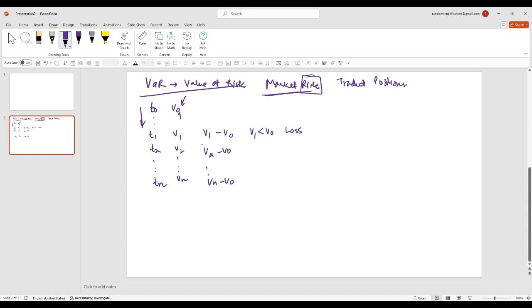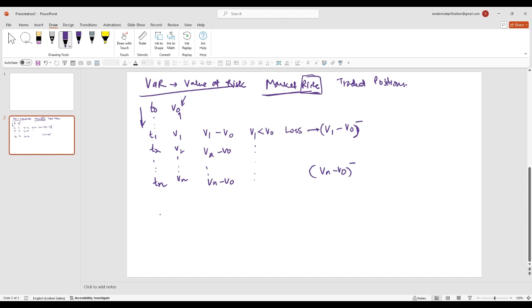And this is reflected sometimes using this notation of V1 minus V0 with a negative sign here, meaning that you only take V1 minus V0 when it is negative. That's the only quantity that you're interested in when you're trying to measure your market risk. Obviously, this value can change over time. And what you will be bothered about is, in this case, for example, Vn minus V0, negative side of it.